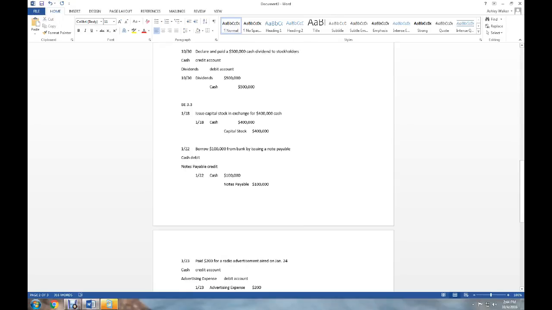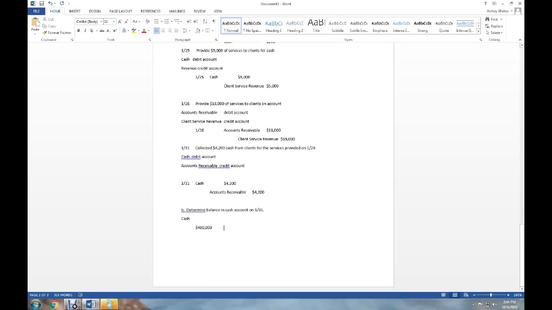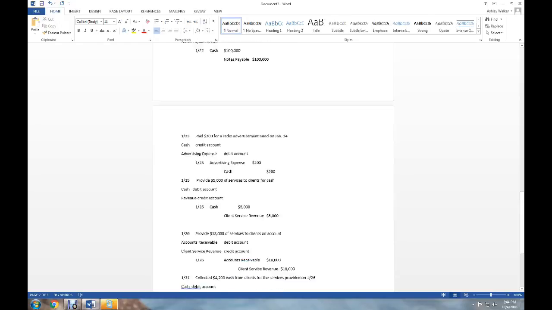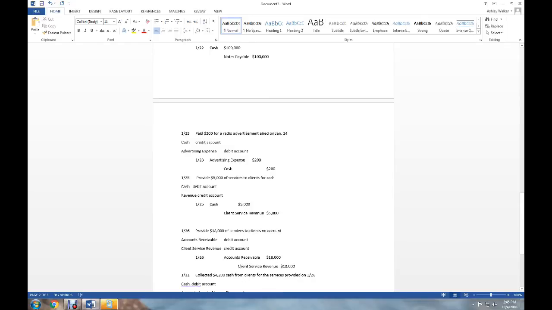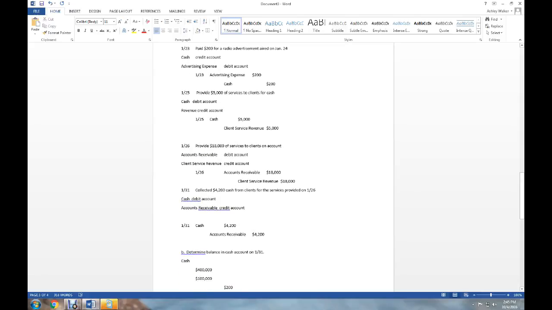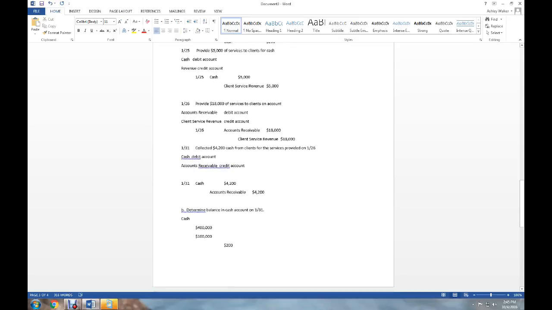On January 22nd, we had another cash debit for $100,000. So that takes care of 2 of our transactions. January 23rd, we had a credit to cash for $200. So let's record that credit. On January 25th, we had another debit to cash for $5,000.